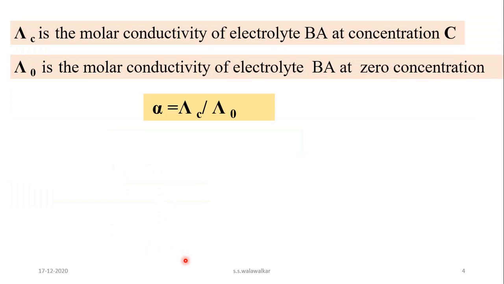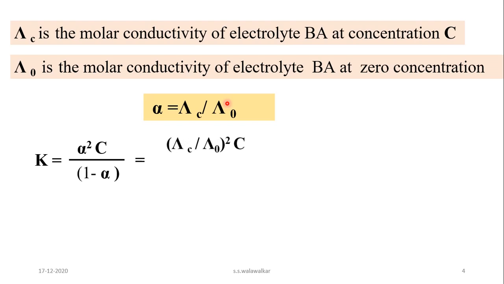Now you know the relation between alpha and molar conductivity at given concentration and molar conductivity at zero concentration. So if you substitute these values in this equation, the relation between dissociation constant and degree of dissociation, then we get: alpha is equal to lambda C divided by lambda 0. So alpha square is equal to lambda C divided by lambda 0 square, into C divided by 1 minus lambda C divided by lambda 0.